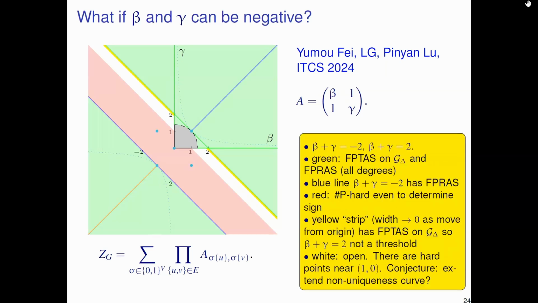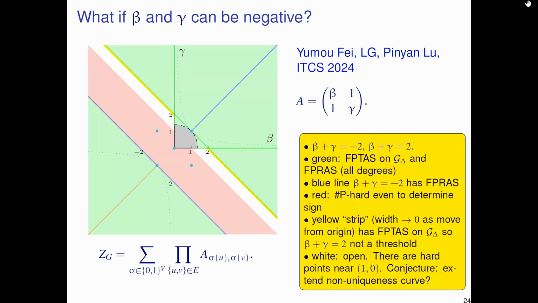Okay, so that's that. Now, together with Yumufei and Pinyon Liu, the rest of this stuff, what we've discovered is that if the absolute value of beta plus gamma is at least 2, then life is easy in the sense that in any of these green zones, there's a polynomial approximation scheme for graphs of bounded degree, and also an FPRAS for arbitrary graphs.